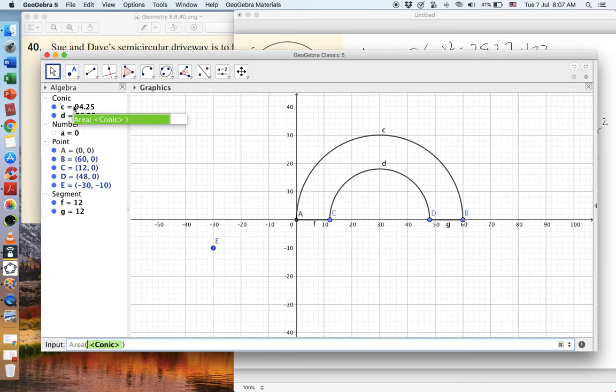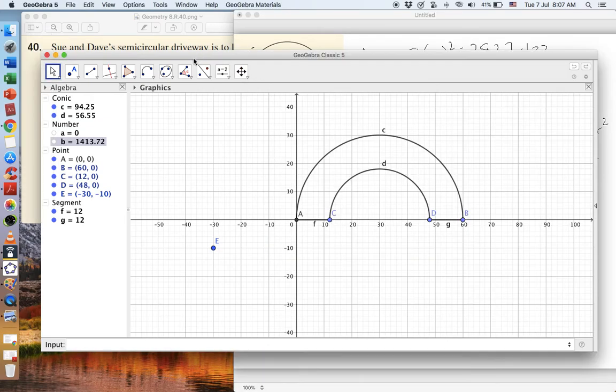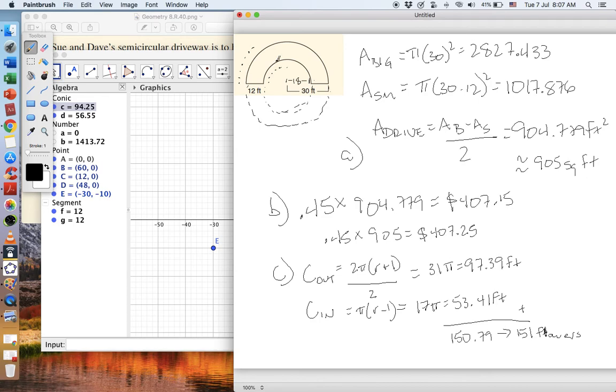The area of C. Okay. But that is, well, at any rate, this is the correct answer.